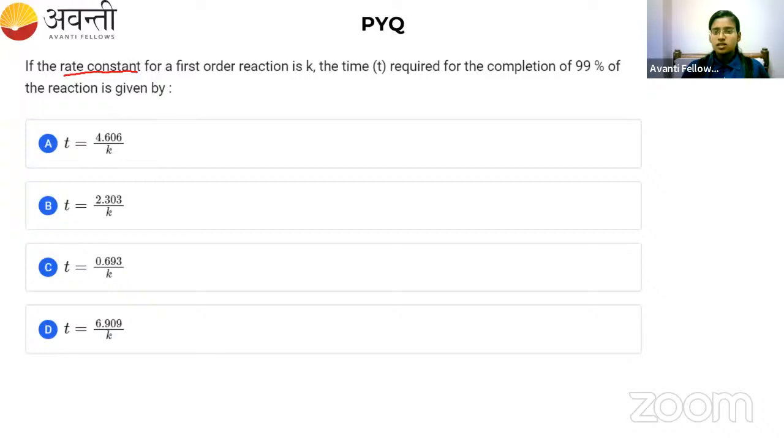Keep giving your answers in the chat box. I will check at the end. After 30 seconds, I will solve this question and we will check which is correct. Sneha is going for 4.